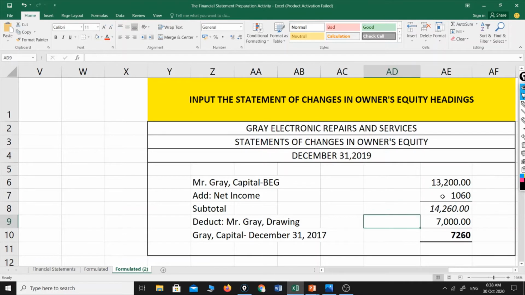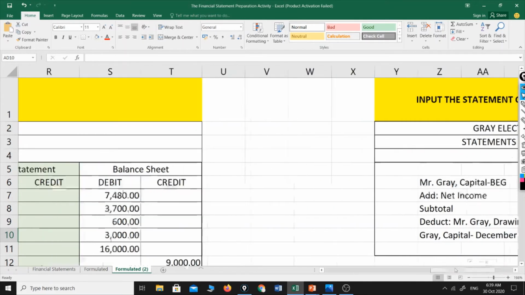In both sources, you will see this amount 1,060, and then total, and then the deduction, drawing, or if we have net loss, we should indicate that one also as a deduction from our capital. So after processing this financial information, we came up with the ending capital balance amounting to 7,260. Okay, so that's it.